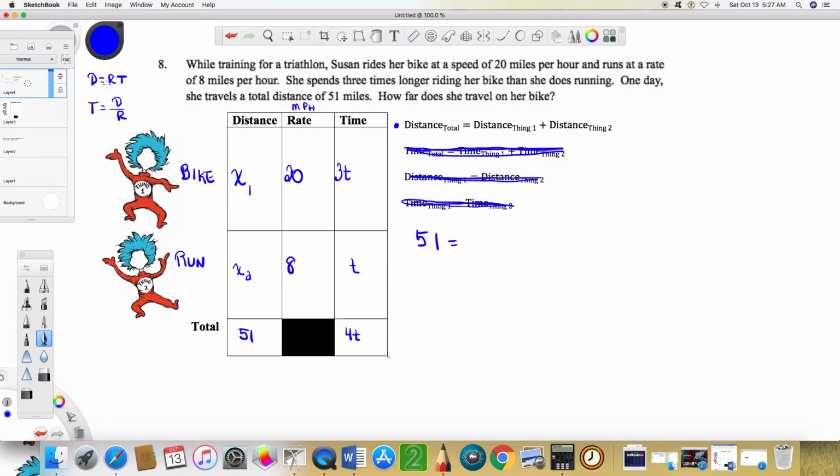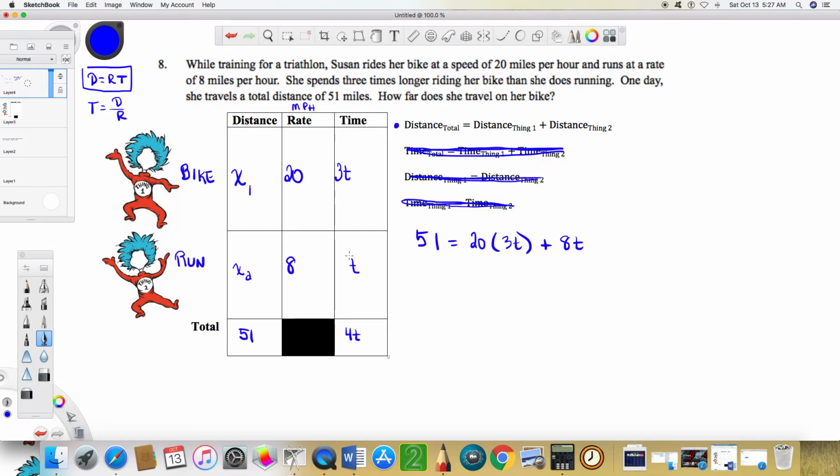And since distance is equal to rate times time, the distance that thing 1 traveled is 20 times 3t, because that's rate times time for thing 1. Plus the distance that thing 2, the distance running, is 8 times t.